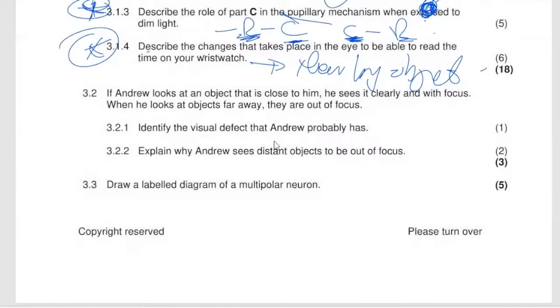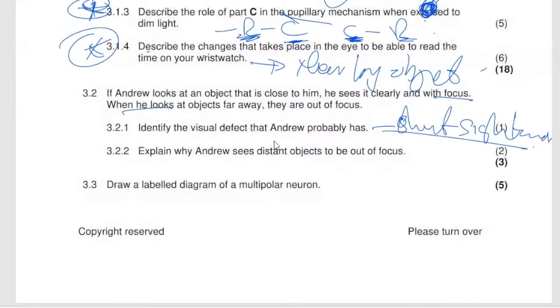Since he sees close objects clearly but far ones are not clear, it means he is able to see nearby objects, so this person is suffering from short-sightedness.